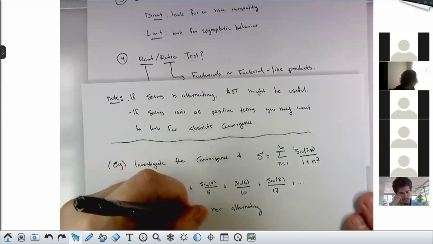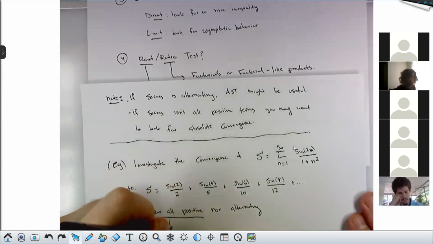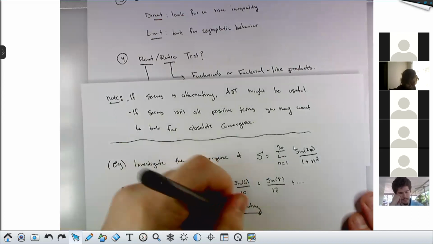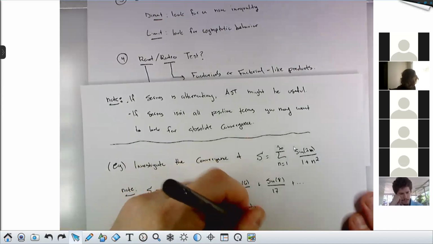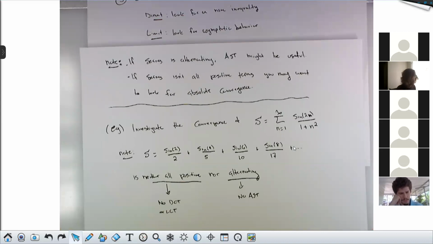So no DCT or LCT, and not alternating means I can't use AST.